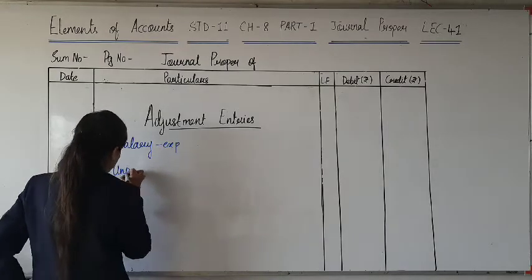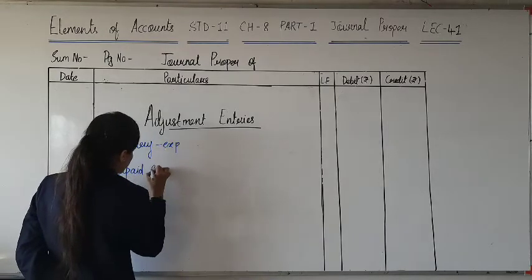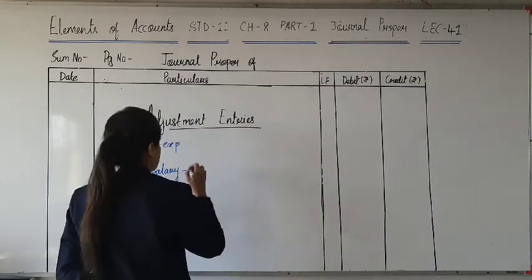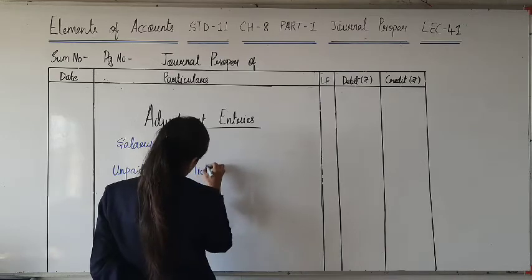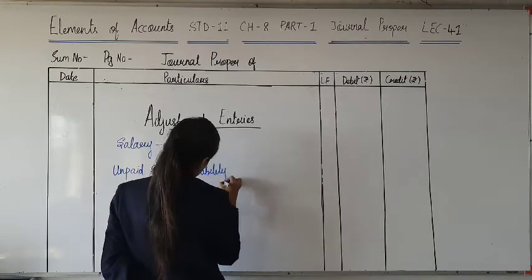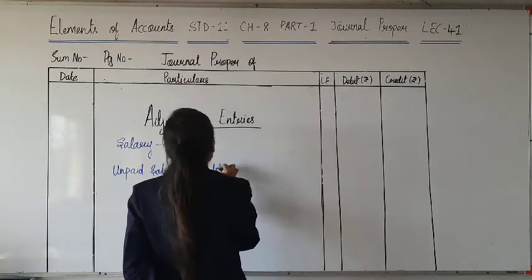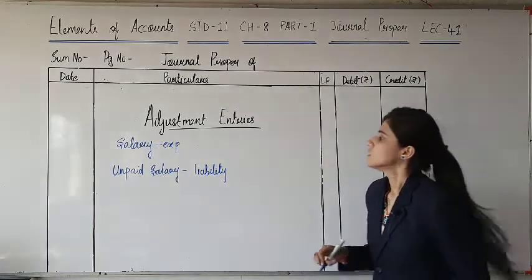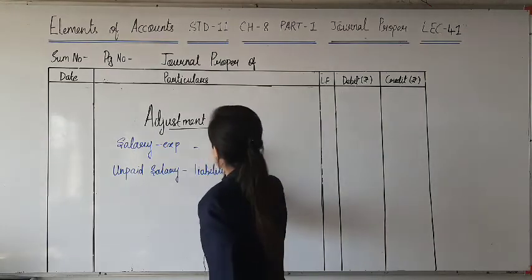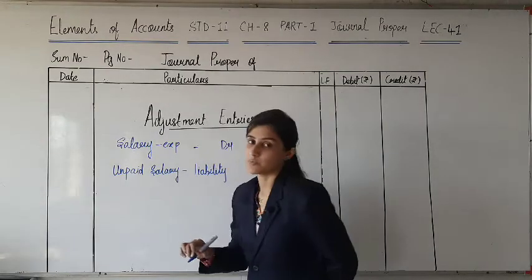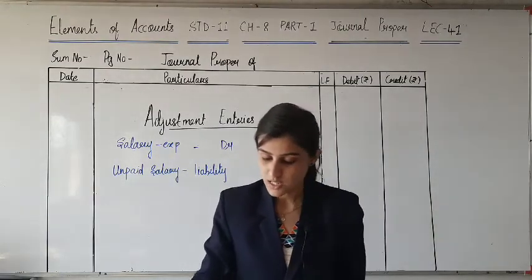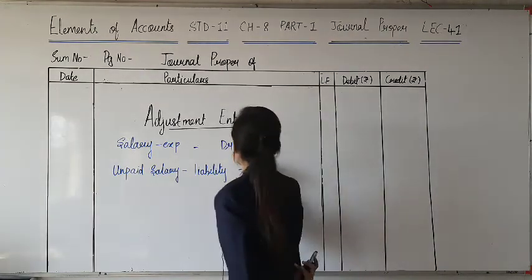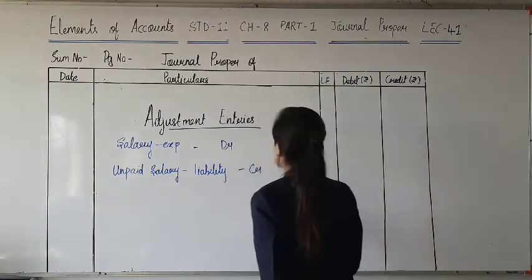Unpaid salary is a liability, isn't it? Salary is your expense and hence expenses are all having debit balance. Unpaid salary is a liability. Liability is always having credit balance.